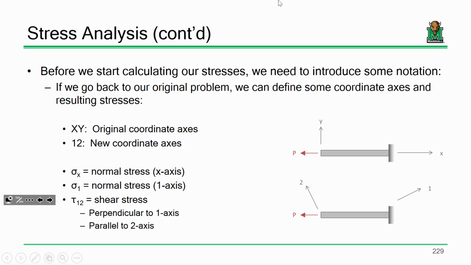When I write sigma sub 1, that's going to be normal stress, but along this axis. Make sense? If I write tau 1, 2, anytime we see a tau, remember that corresponds to shear stress. Now when you see the 1, 2, it's going to be perpendicular to the 1 axis and parallel to the 2 axis.